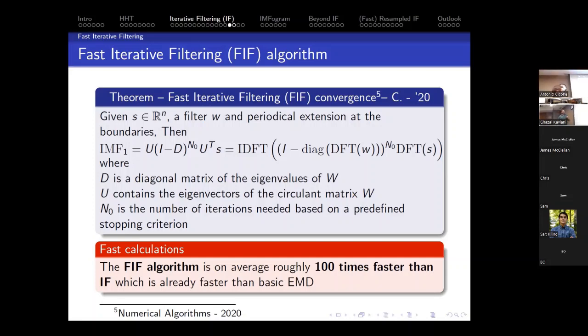Now, I want to just point out, because they usually ask me, so are you just doing the Fourier transform of the signal? So you do the FFT of the signal, and that's it, right? I say, no, the FFT here is not used to really filter out your IMFs.